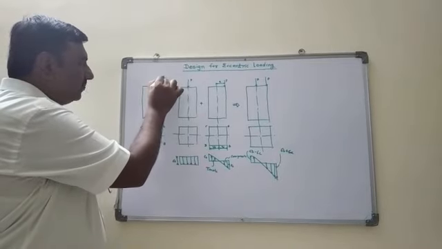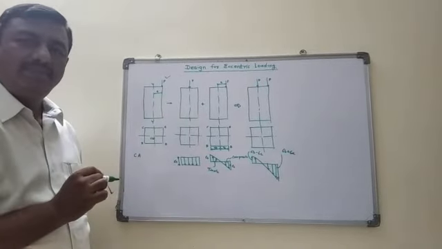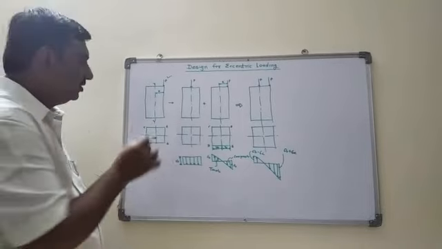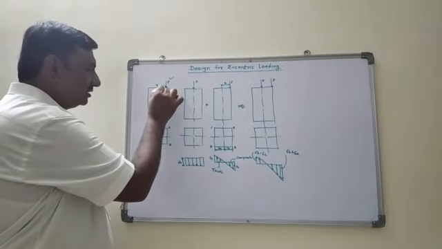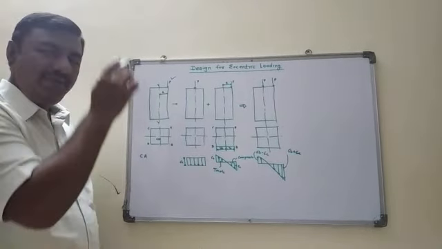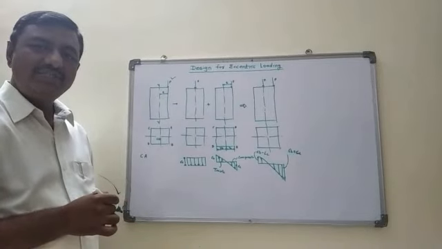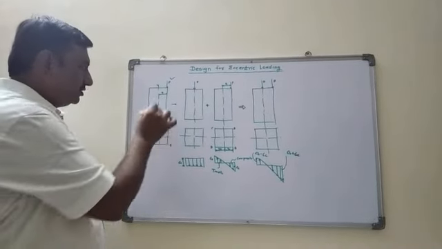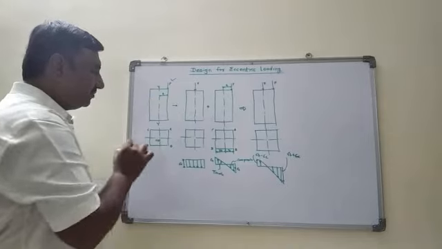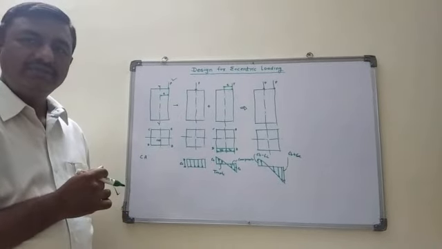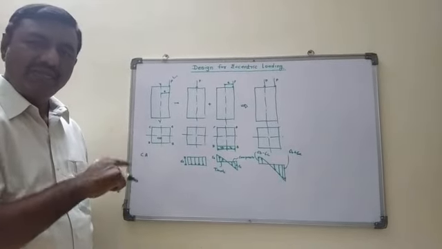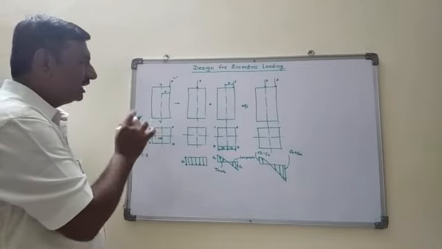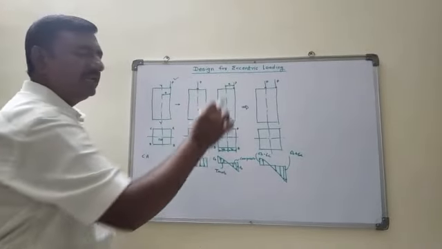This is the load P. P is the external load which applies at the AB edge of this rectangular strut, at a distance E from the centroidal axis. So we can say this rectangular strut is subjected to eccentric loading.